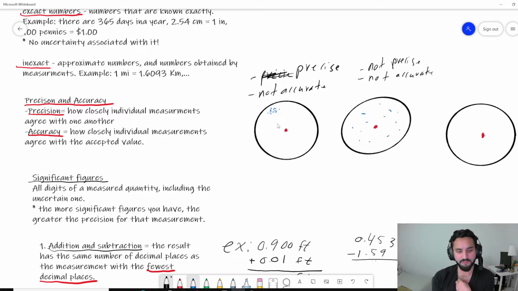But let me show you another example. Let's say I have all my shots right in the target. We call this precise and accurate.